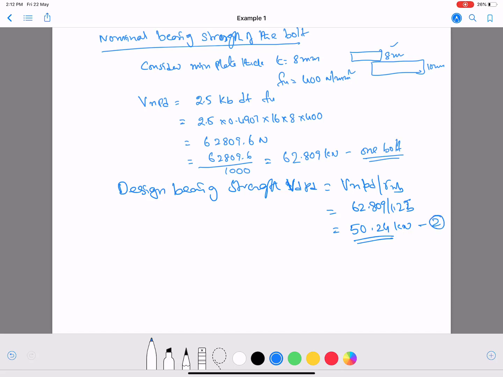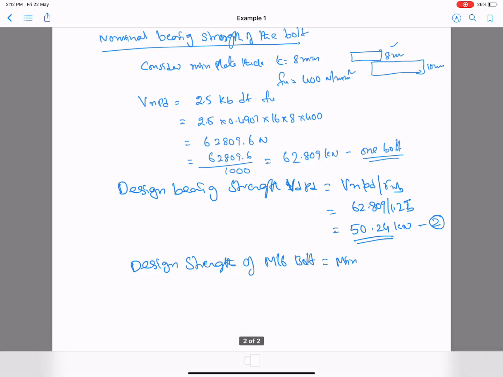So now what is the design strength of M16 bolt? The design strength of M16 bolt equal to the minimum of shear.